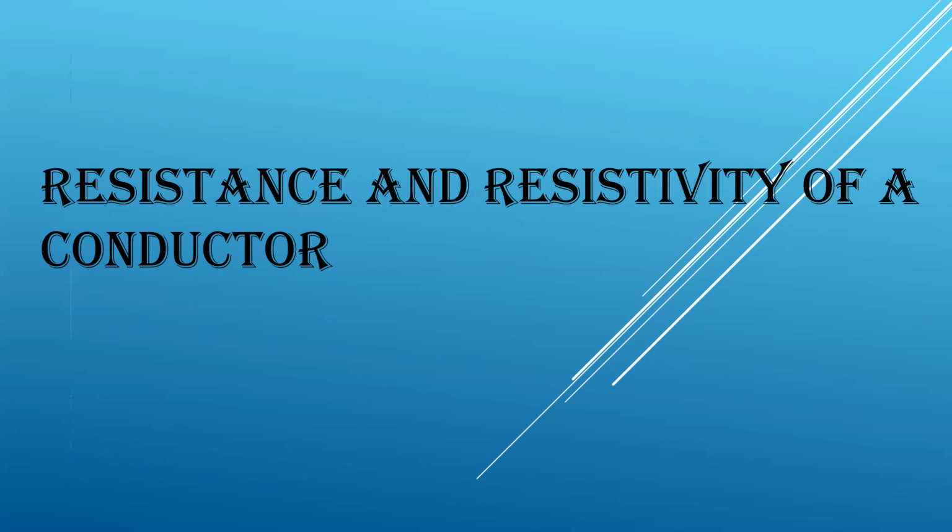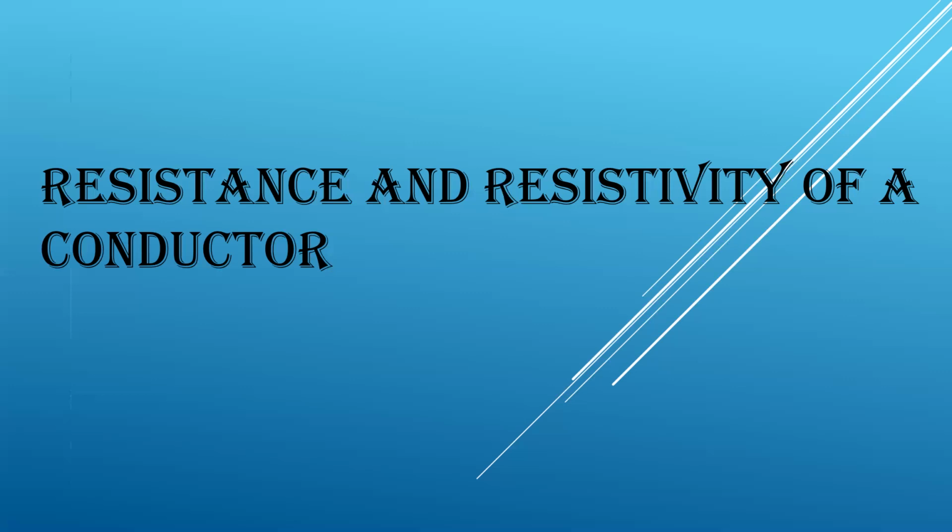During this, the atoms or ions present in that conductor interrupt and collide. They don't want the electron to move further. So this hindrance present in the conductor, the interruption of the electron, is called resistance.